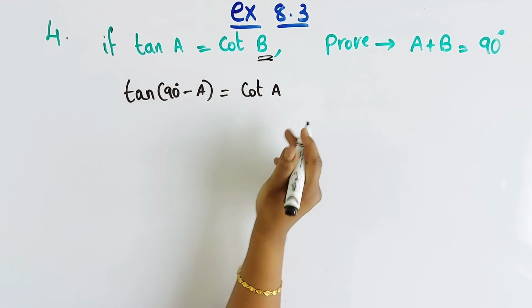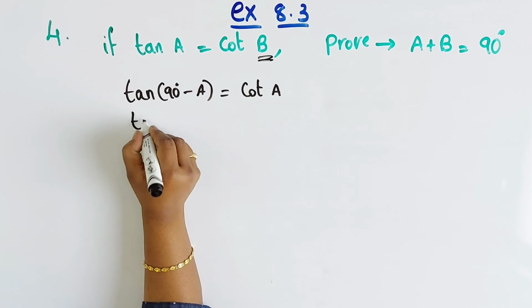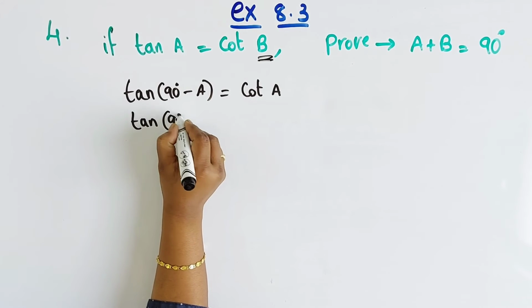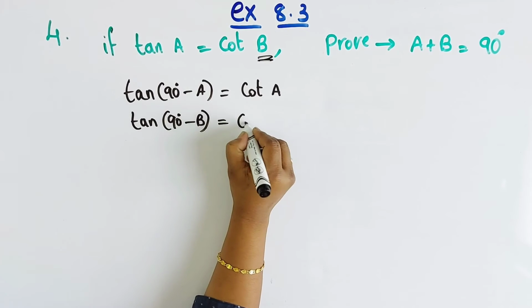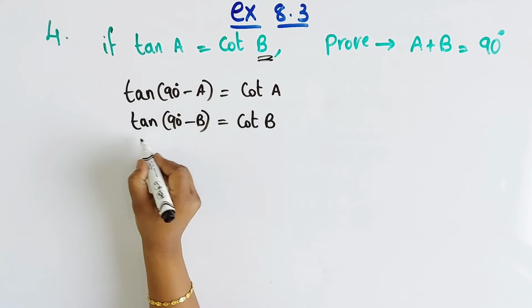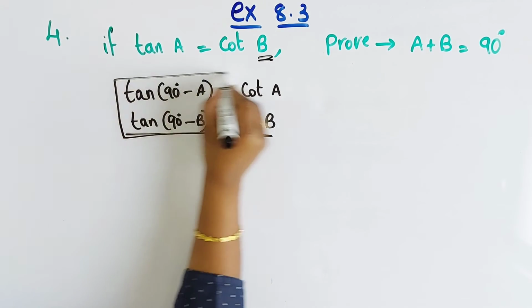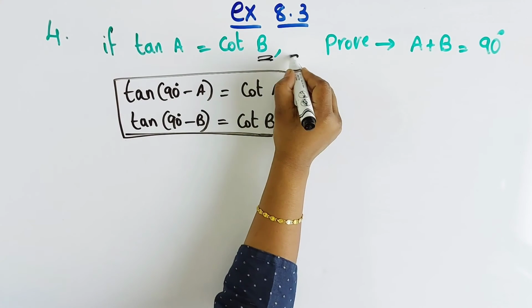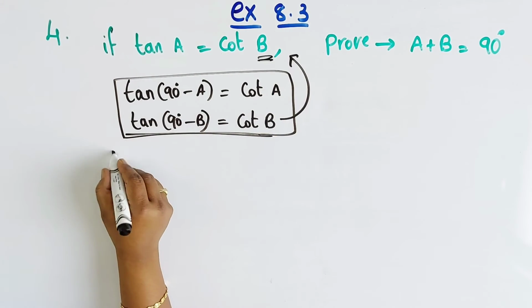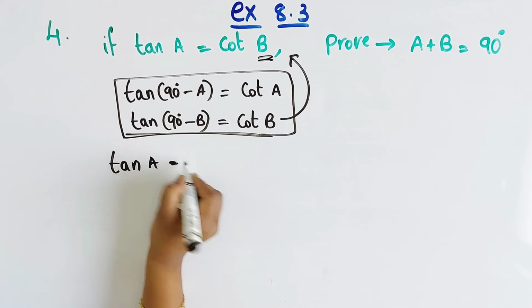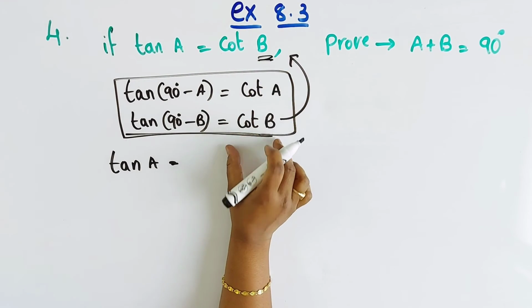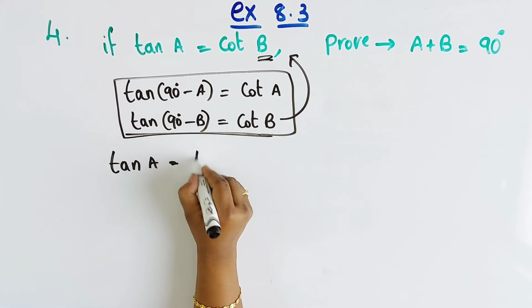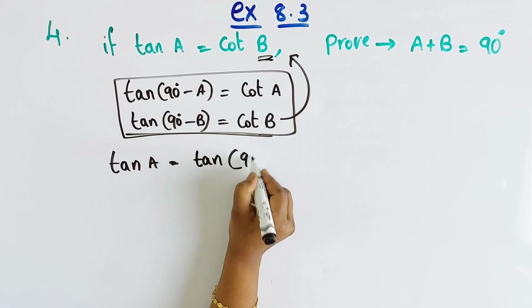Let's write the formula in terms of b. Tan(90 minus b) equals cot b. Right, children? Now we can apply this formula here. So tan a equals, they have given cot b, but in place of cot b we can write tan(90 minus b). Correct, children?